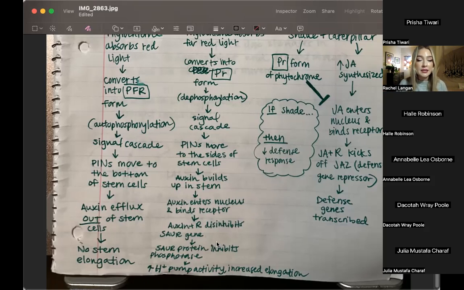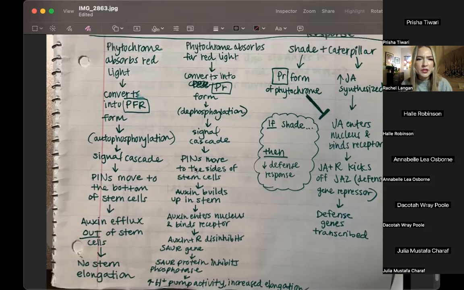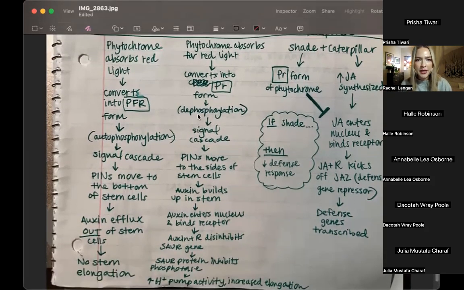But for this test, we're not so much focused on you telling us the details of what happens downstream of the hydrogen pump activity, because we kind of already tested you on elongation. What we do want you to know is kind of these flow diagrams that I've written out here.